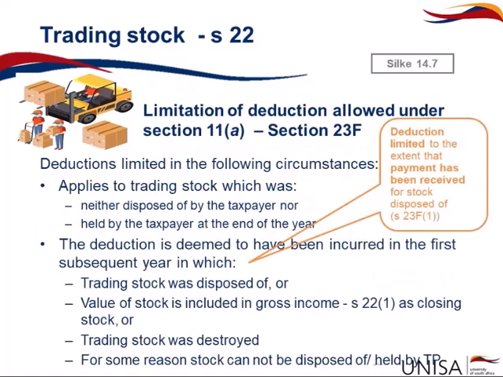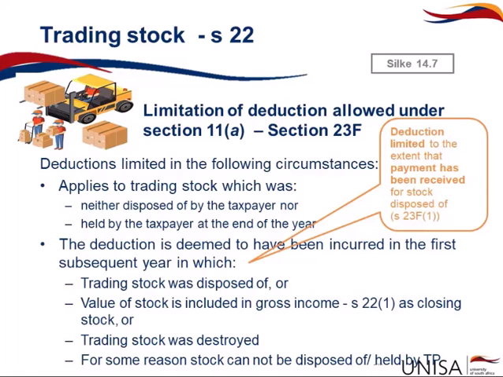Looking at Section 23F, the limitation on the deduction under Section 11A for trading stock that was purchased in the year. The deduction limitation only limits in the following circumstances, where the trading stock is neither disposed of by the taxpayer nor held by the taxpayer at the end of the year.